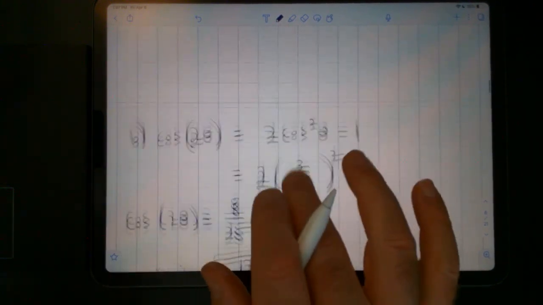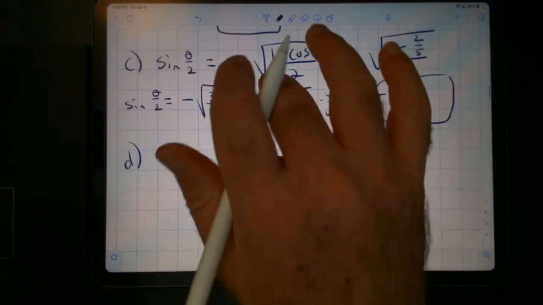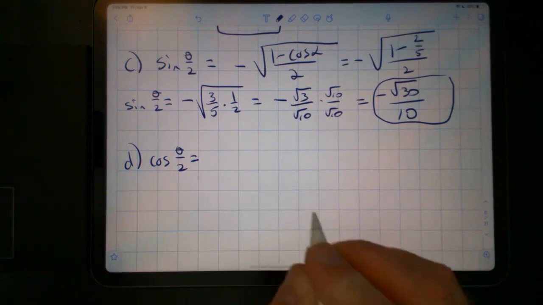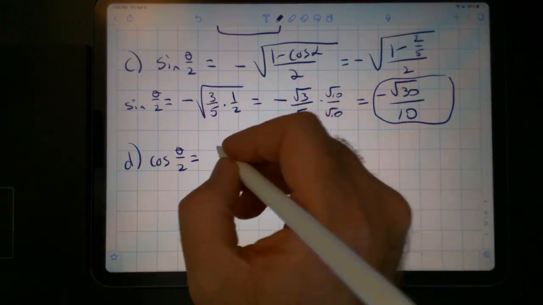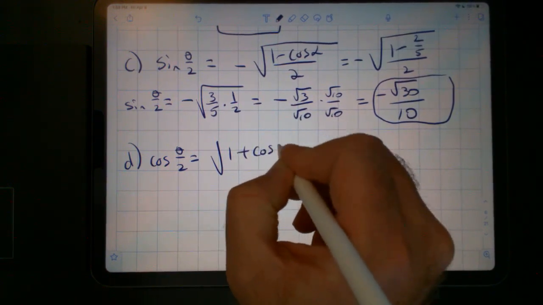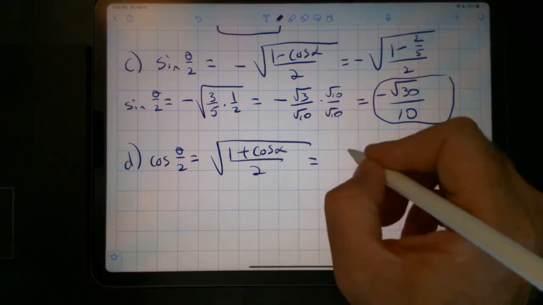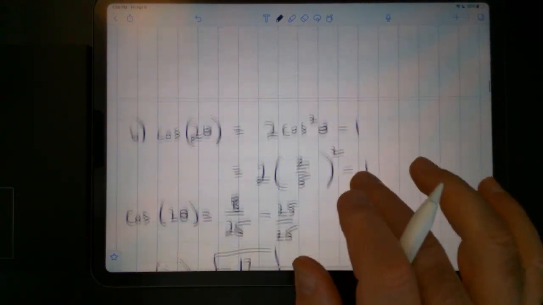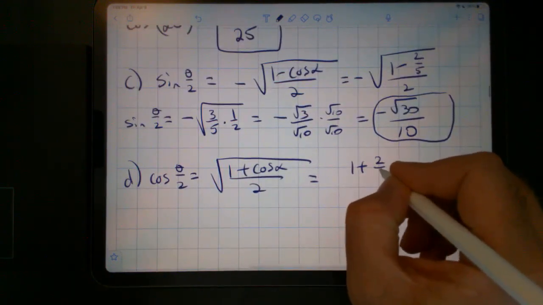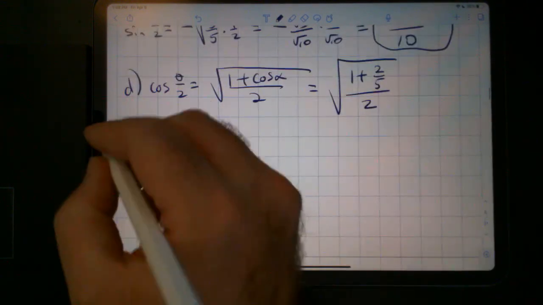And then for the last one, D, we need cosine theta over 2. Cosine is positive in quadrant 4, so we're looking at the positive component of 1 plus cosine theta over 2. And this is 1 plus cosine theta, which is 2 over 5, all over 2, and all of this is the square root.